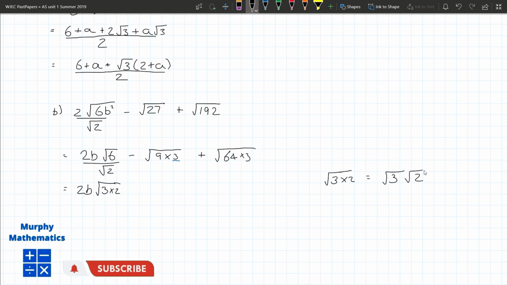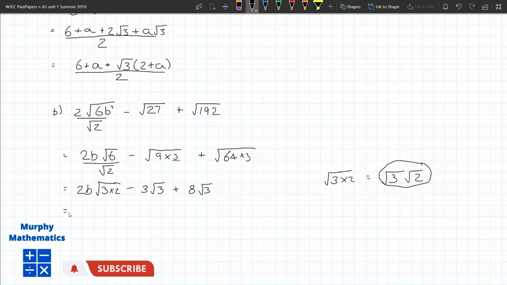And I can see by inserting this in, my root 2's will cancel. So I can take 9 out of my root, and that's just going to be minus 3 root 3. I'm going to have plus, 64 is 8 squared, so I can take 8 out, so I can have 8 root 3.